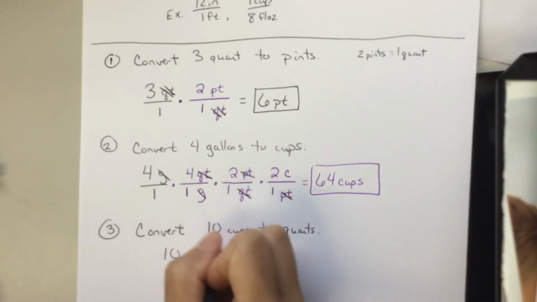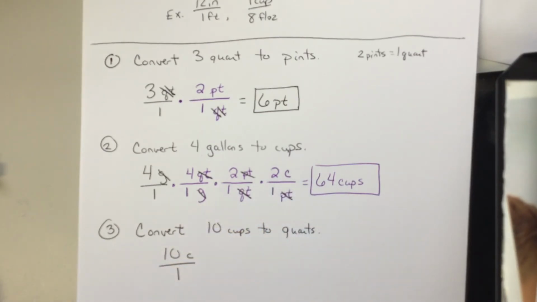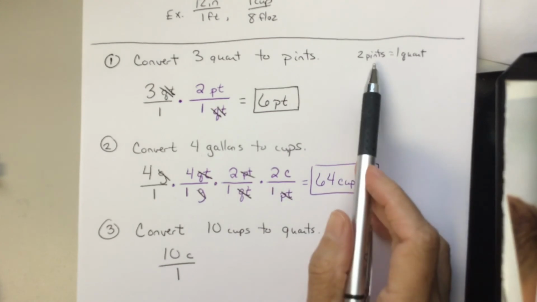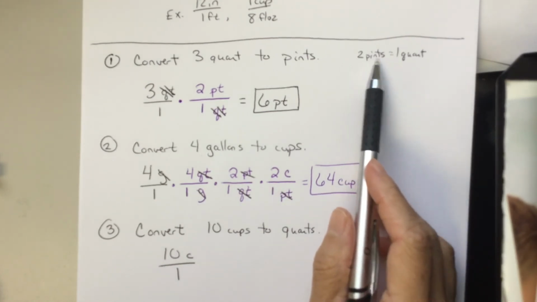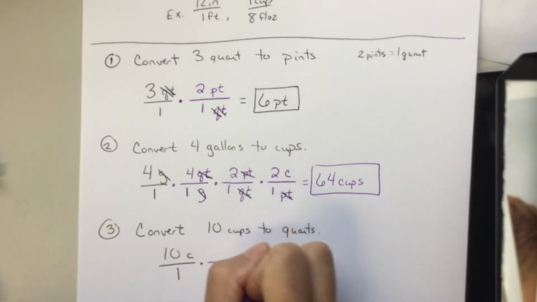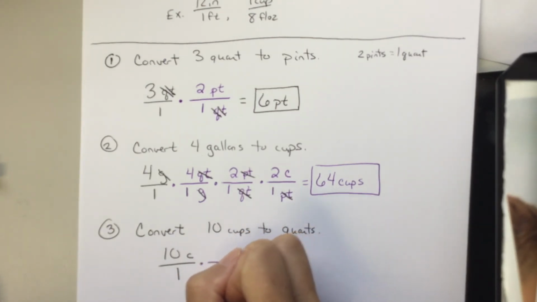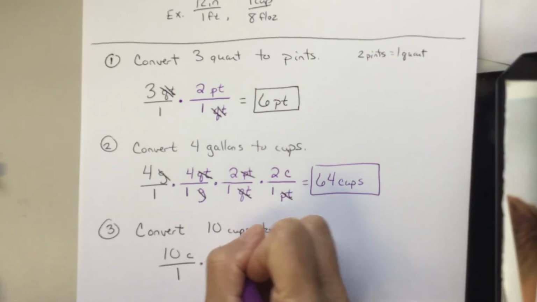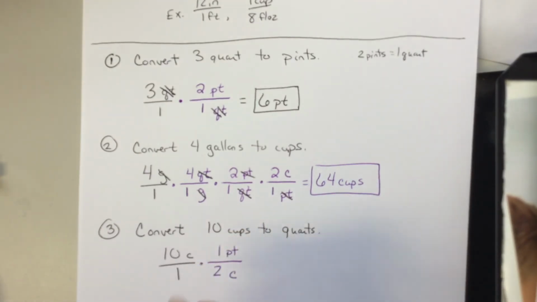Okay, so we're going to write down what we know, which is 10 cups, and we're going to put that over 1. Now I know that there are, let's see, 2 pints in a quart, but I'm also going to need cups to pints. So if I multiply, I want cups on the bottom. I know that 2 cups is equivalent to 1 pint. So that gets rid of the cups.